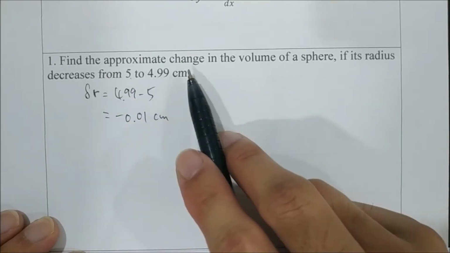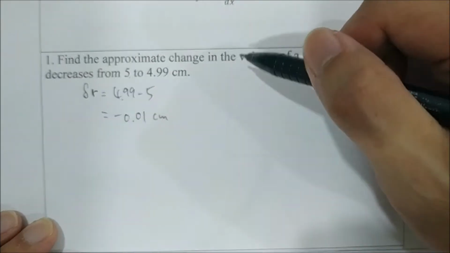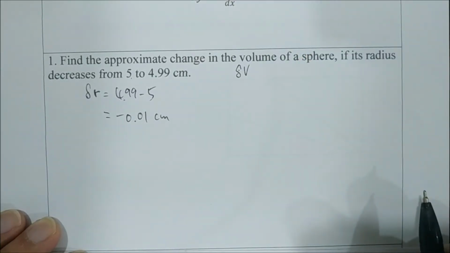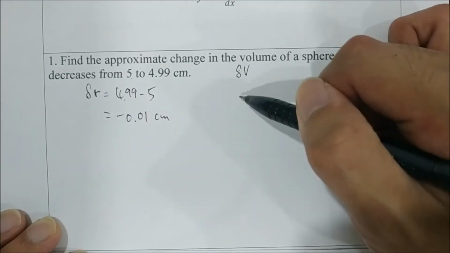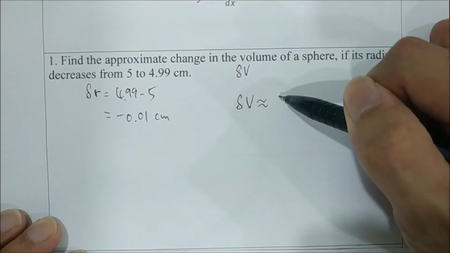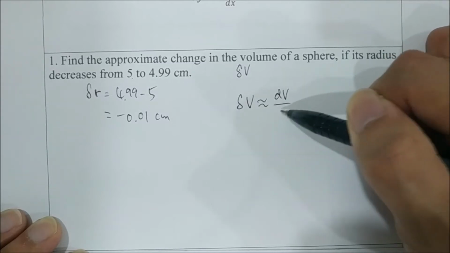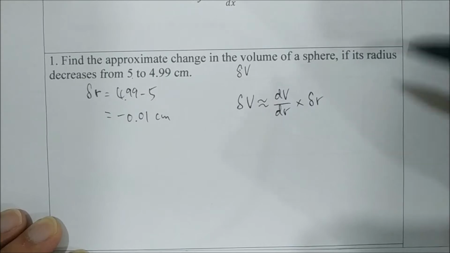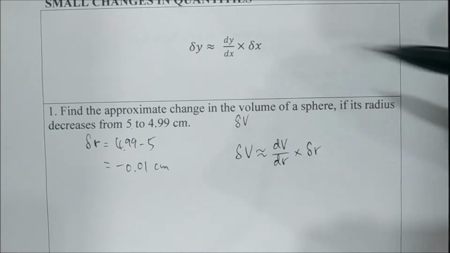The question asks us to find the approximate change in the volume, which means we need to find delta v. In order to find delta v, it is approximately equal to dv/dr times delta r, according to the formula here.